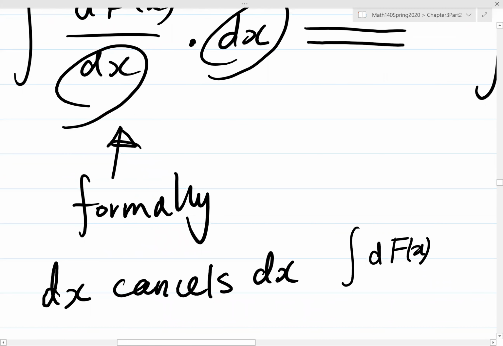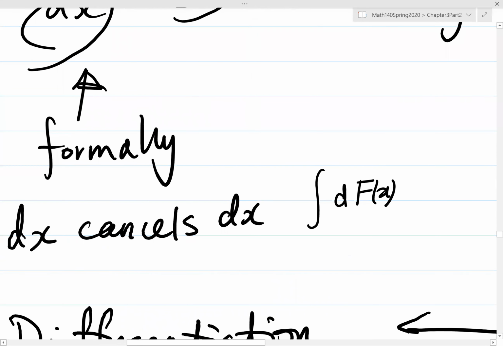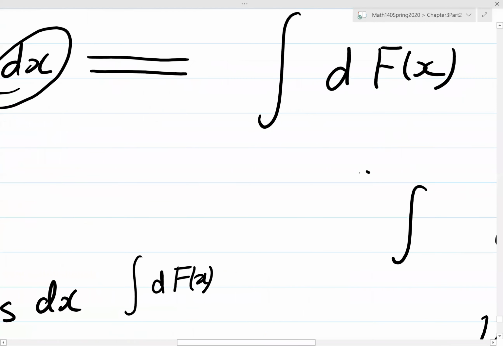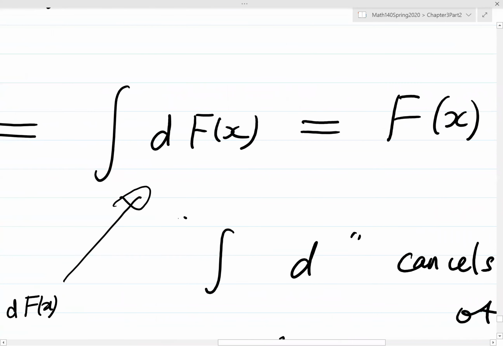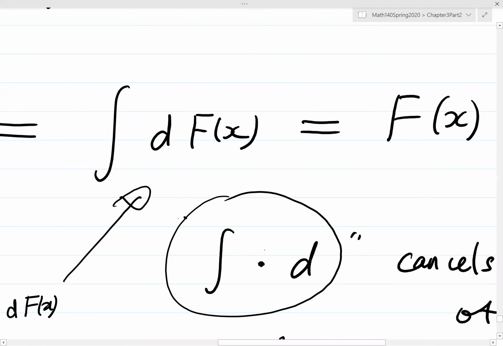Then the integral and d cancel each other, if there is nothing in between them.